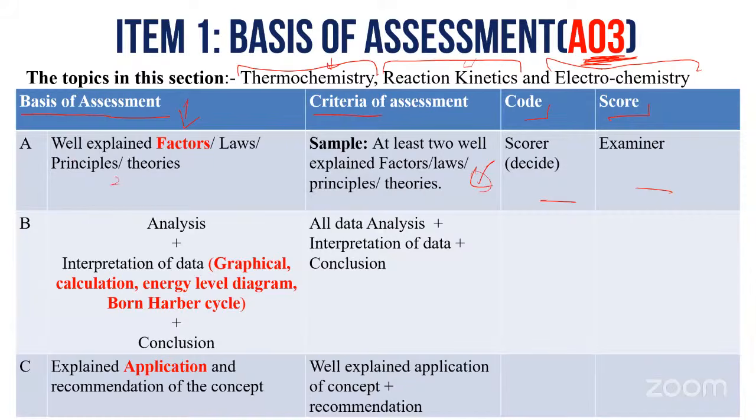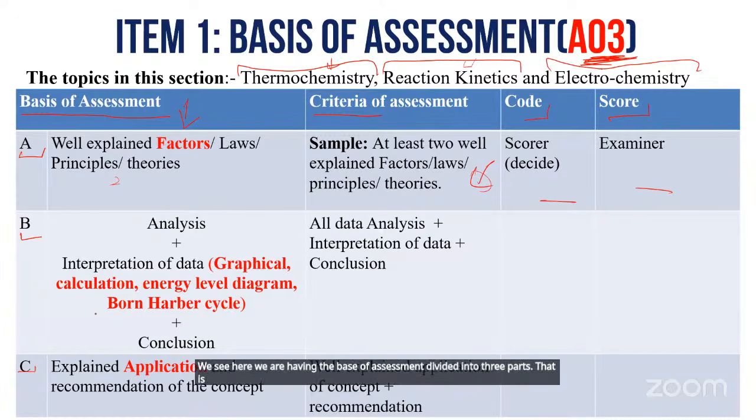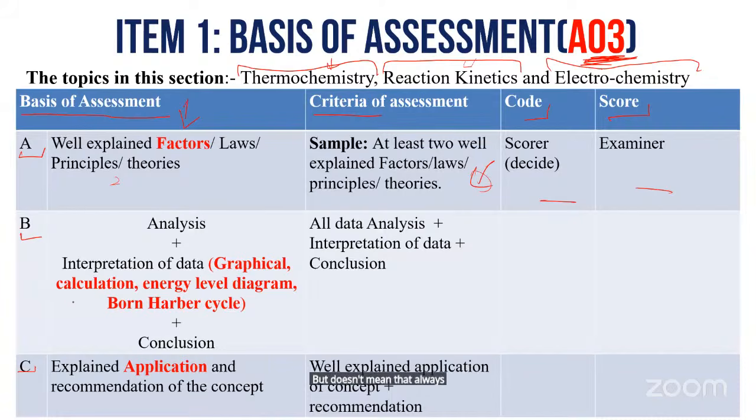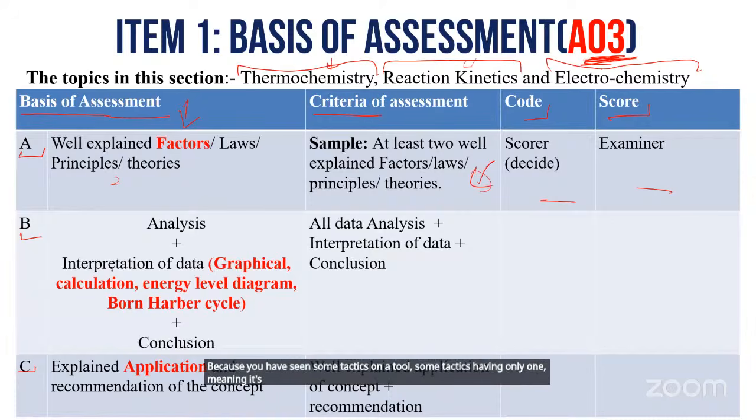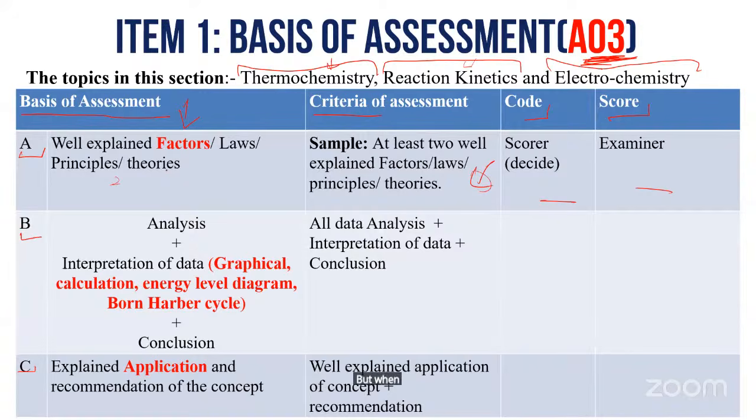We see here we have the basis of assessment divided into 3 parts: part A, part B, and part C. But it doesn't mean that the tasks will always be divided into A, B, C. You have seen some tasks with only 2, some with only 1, meaning it's not a must to have 3 tasks. But whether 2 or 1, we expect you to analyze that item and bring out all these.